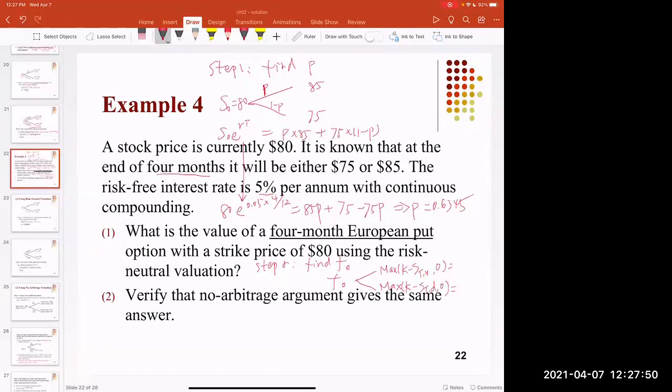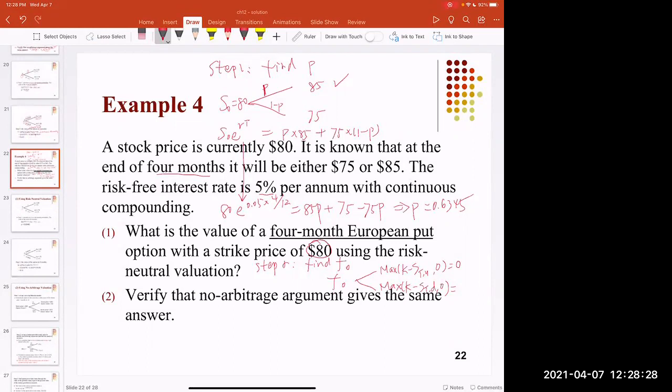What is K? Strike price 80, right? Yes. Strike price 80, and when the stock price goes up to 85, so 80 minus 85, what's that? Negative, so 0. Yeah, that's correct. So when the stock price goes up, the payoff of the put option would be 0.